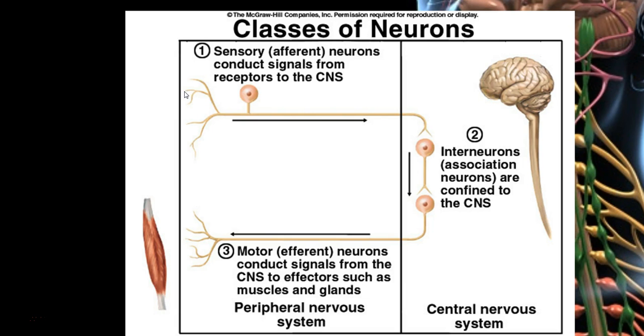So let's say you receive a scratch or something like that, nothing too dramatic that's going to cause a reflex, but you want to look down and have a look at what was going on. Then the knowledge that something on you was causing an irritation or scratch would be sent through messages of information coming from the pain receptors and the ends of these neural endings here.